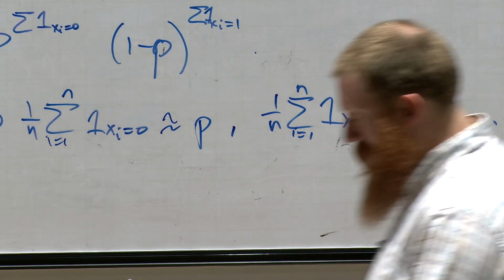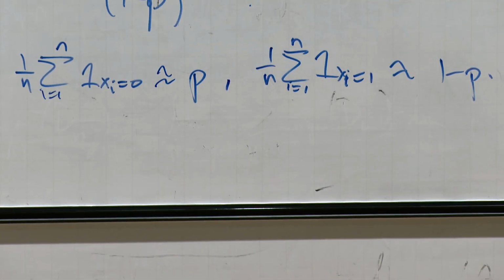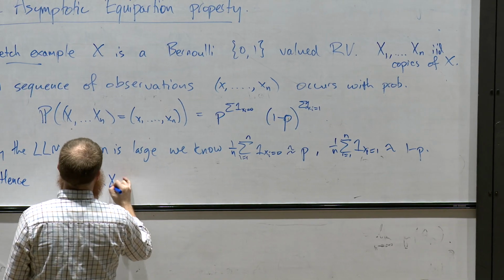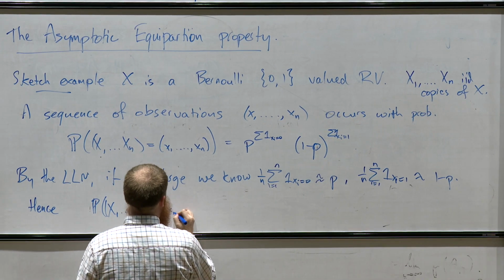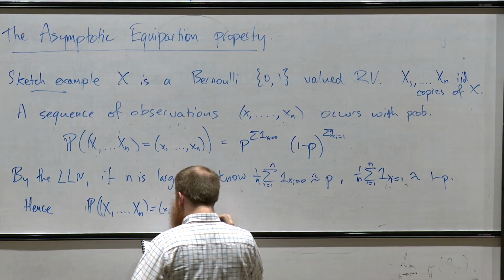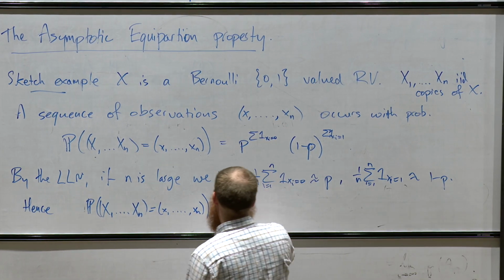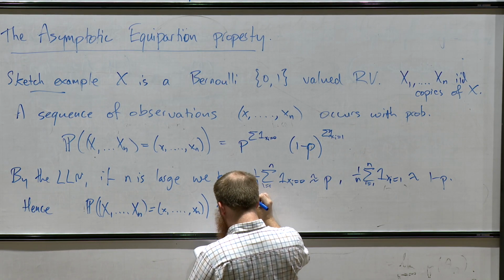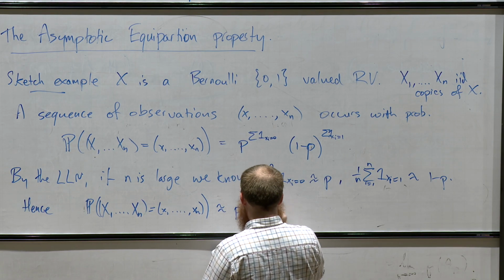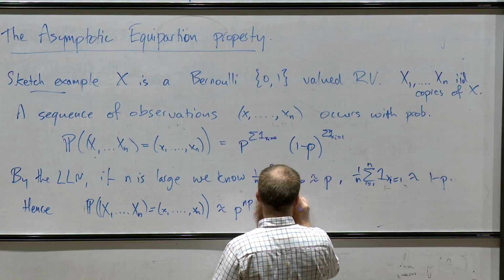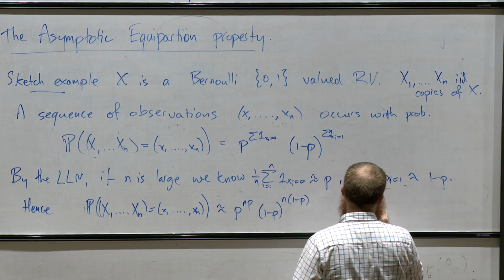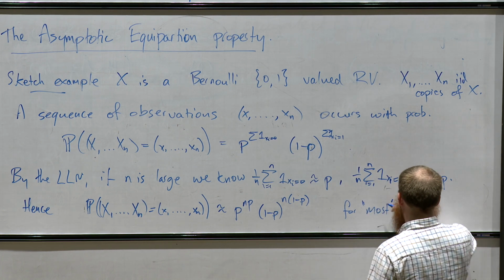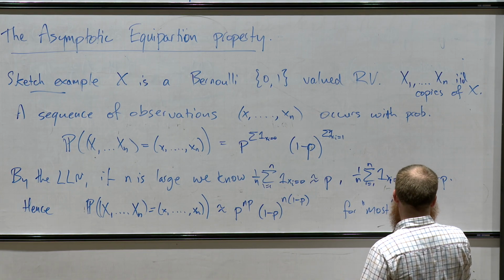Okay, so if I've got that, hence the probability of x1 to xn is going to be approximately, at least, p to the power of np times 1 minus p to the power of n(1 minus p), for most cases.